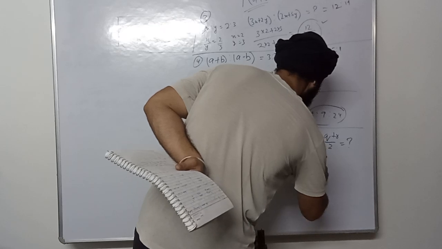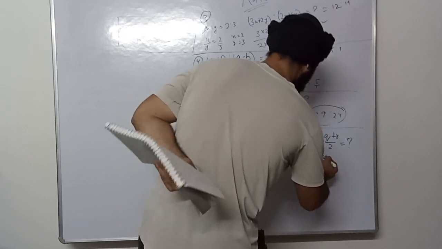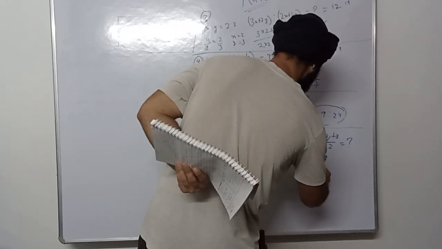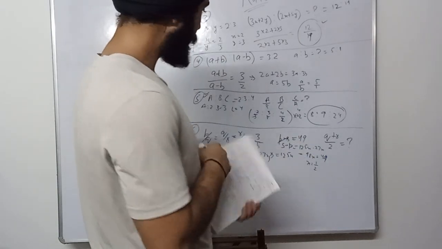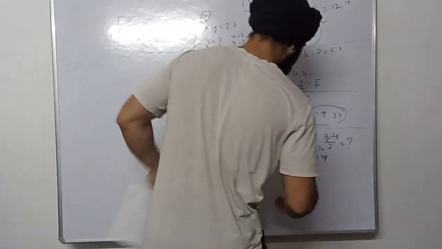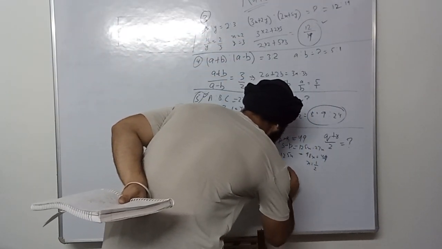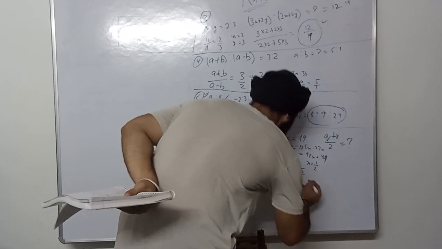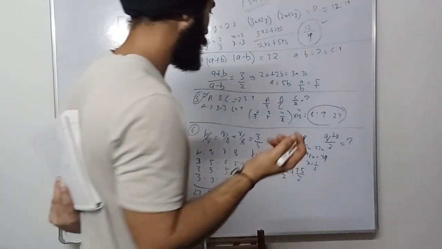So x value is, what I can say, 1 by 2. Yeah, x is equals to 1 by 2. So if x is equals to 1 by 2, then Q's value is 45 by 2. So Q plus R by 2, which is equals to 45 by 2 plus R value is 75 by 2. We can write it down as x, but it doesn't change any value for us.